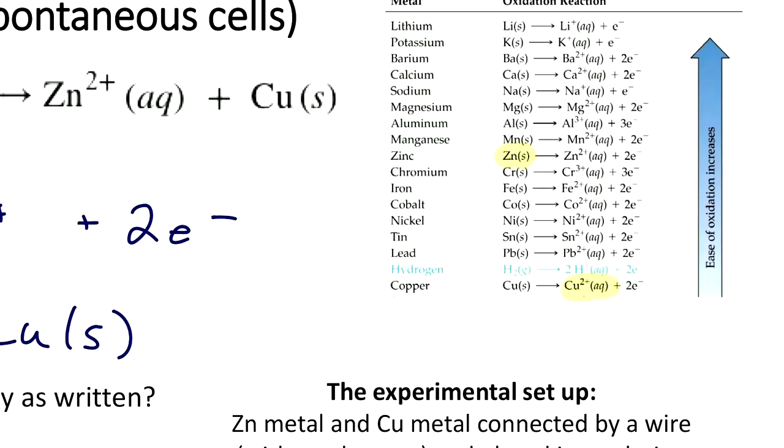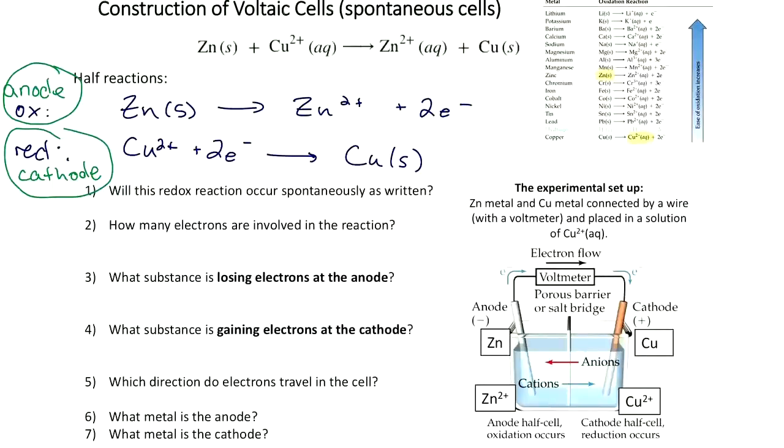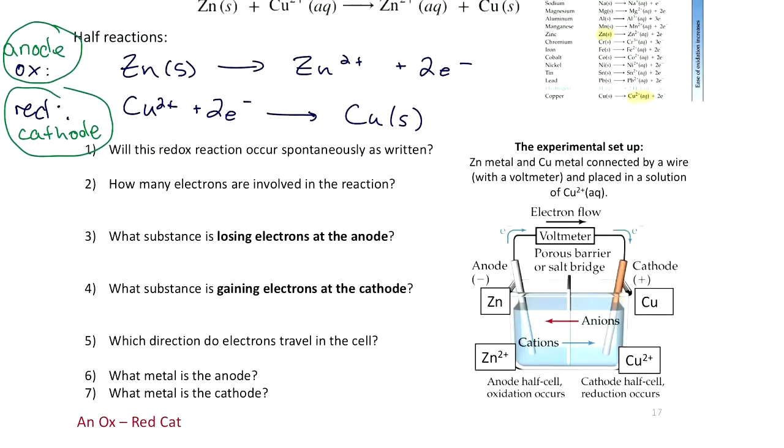The metal is higher on the activity series than copper 2+. So this reaction does in fact go forward. But in this chapter, again, we'll prove why, and it's because of cell potentials. All right, so will this redox reaction occur spontaneously as written? Yes, because we just proved it with the activity series. All right, can you tell how many electrons are involved in this reaction?